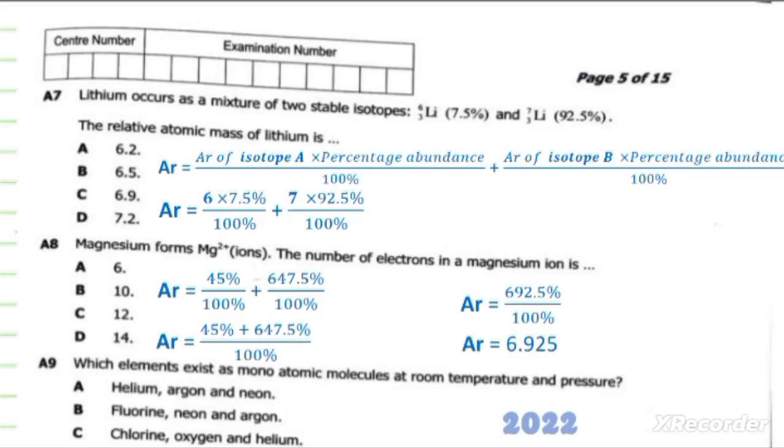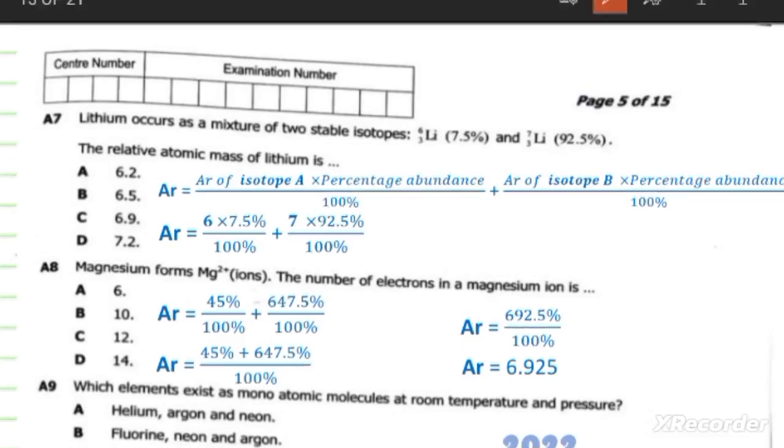So the relative atomic mass therefore is equal to 6.925. So our correct answer here is C, which is 6.925.